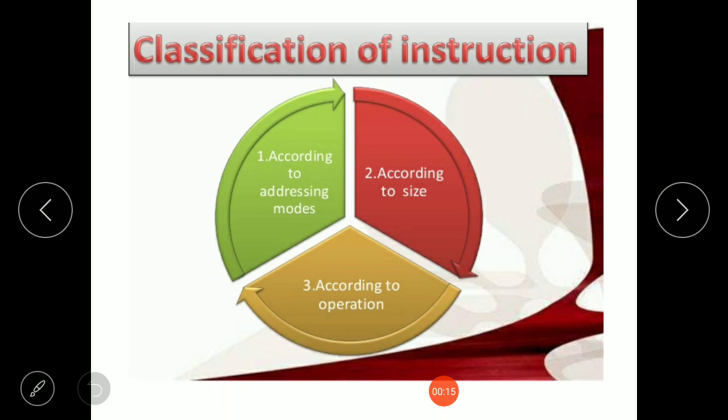Microprocessor instructions can be classified based on various parameters such as functionality, that is operation; second is length, or you can say the size of the instruction; and the third one is operand addressing, or you can say the addressing modes. Based upon all these three terms, we can classify the instruction set of the 8085 microprocessor.